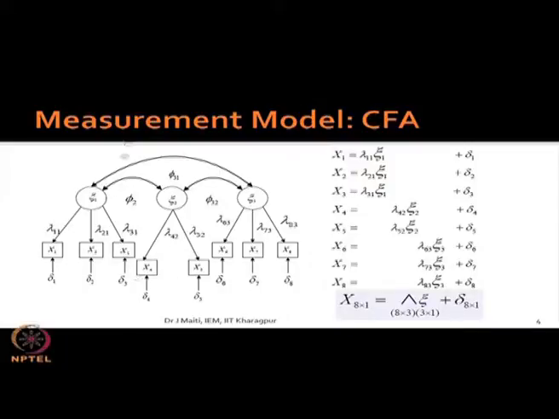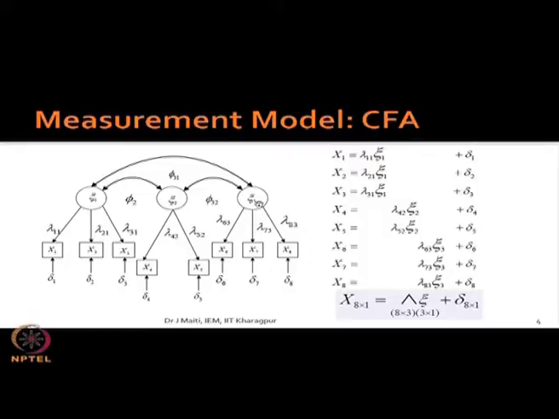You see here, in the last class I showed you a similar diagram, and there are three factors, xi1, xi2 and xi3, and each of the factors is manifested by different variables: x1, x2, x3 for xi1, x4 and x5 for xi2, and x6, x7, x8 for xi3.